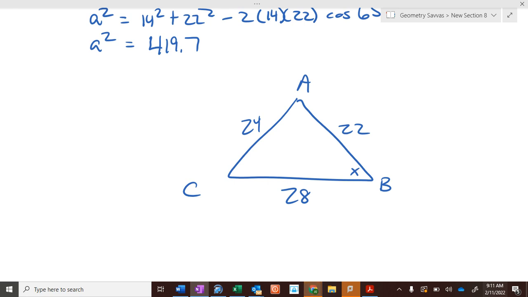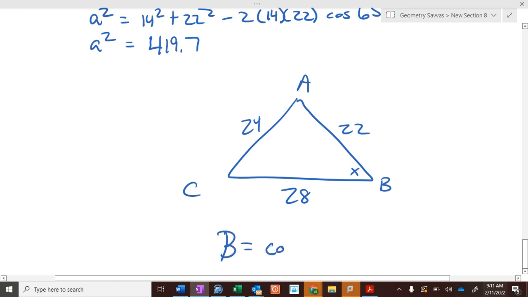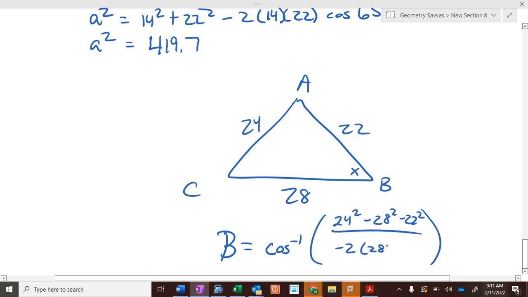This one right here, because we're looking for angle B, right? So B equals the inverse cosine of 24 squared minus 28 squared minus 22 squared all over negative 2 times 28 times 22.